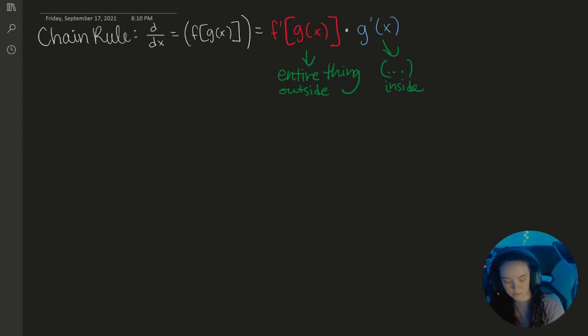So, like I said, we write our problem. So h of t equals (7t squared minus 2t) all raised to the negative third.